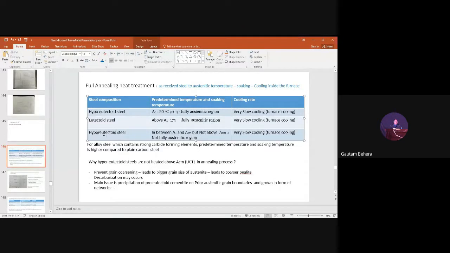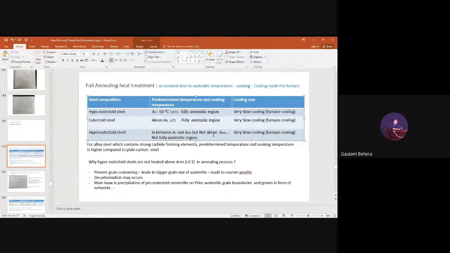And if we have a hypereutectoid steel, where the composition of steel is above 0.88%, then this one is important. You have to remember this one. In between A1 and ACM. So basically we have to heat the steel above A1, but the temperature should not go above ACM. This kind you can call partial annealing.